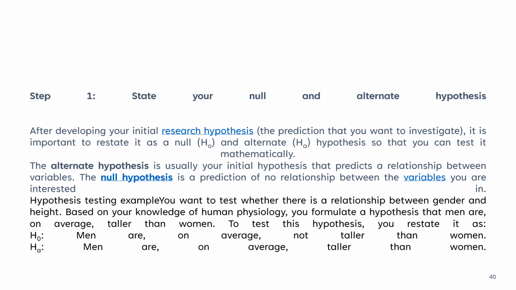Hypothesis testing example: you want to test whether there is a relationship between gender and height. Based on your knowledge of human physiology, you formulate the hypothesis that men are on average taller than women. To test this hypothesis, you restate it. The null hypothesis: men are on average not taller than women. The alternate hypothesis: men are on average taller than women.